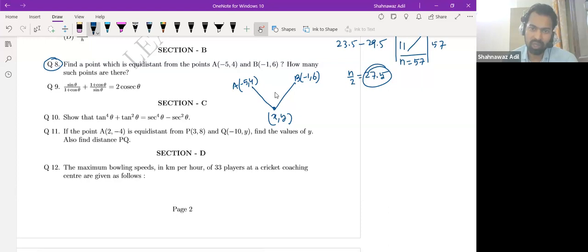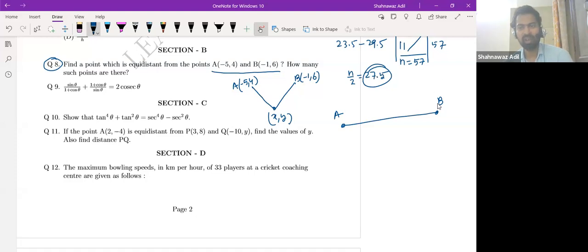Yeah, so one idea, and there was a very clever approach: find a point which is equidistant from this point and this point. So we can always find a point which would be equidistant from these 2 points. And what would be that point?